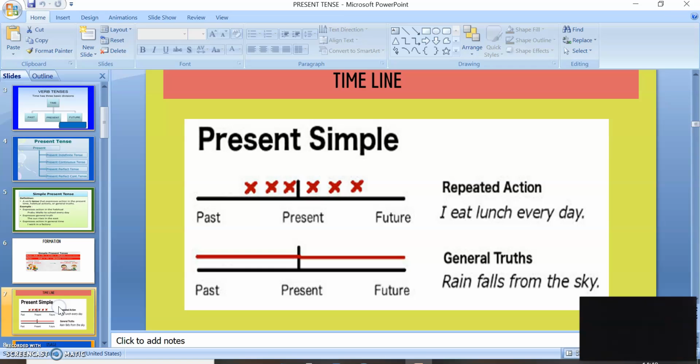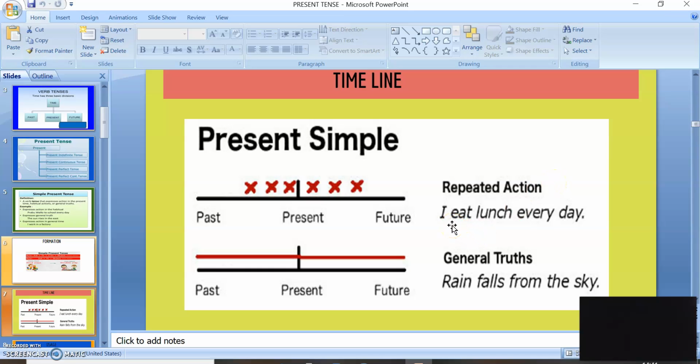This is the timeline, and you can understand with its help how it works. This indicates present time, this is past, and this is future. Here I have written repeated action or habitual action, a daily routine that I follow.